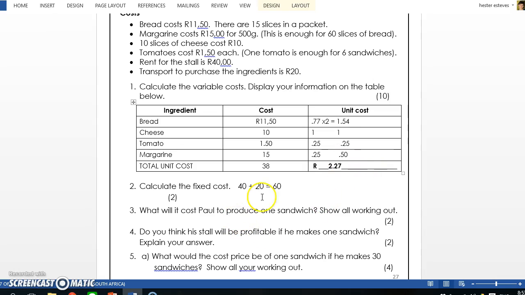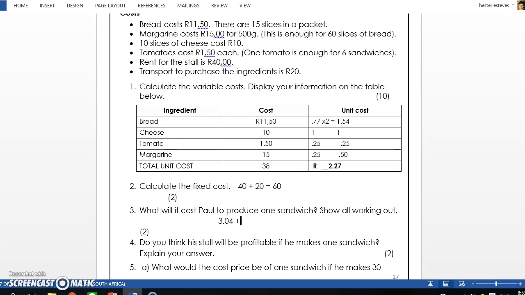So for a sandwich, if I added up this column, it would come to 3 Rand and 4 cents. Plus, remember, he has to add his fixed cost, which is 60 Rand, which is going to make his sandwich a ridiculous price of 63 Rand and 4 cents.